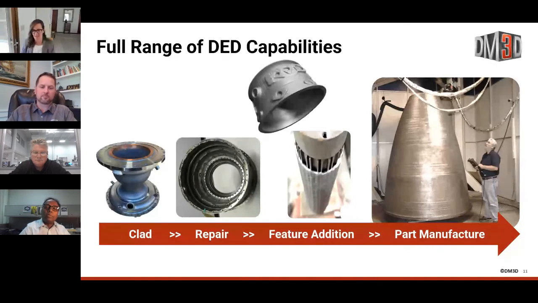In our systems, we have up to 4 materials for powder hoppers that we could add in a single build, and it all comes down to the design and so on. So here, if you see in this picture, even though it's not a correct example of multi-material, the picture on the left shows a copper chamber cladded with Inconel on the outside.